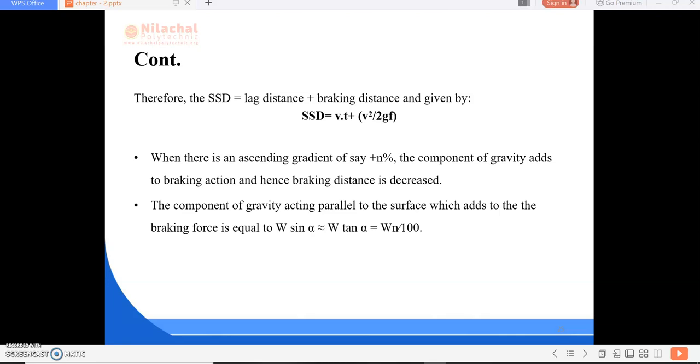When there is an ascending gradient of, say, plus n%, the component of gravity adds to the braking action, and hence the braking distance is decreased. The component of gravity acting parallel to the surface, which adds to the braking force, is equal to W sin alpha, which is nearly equal to W tan alpha, which equals Wn by 100.